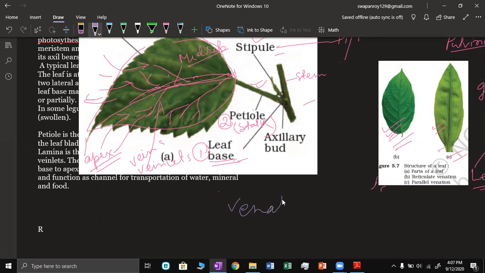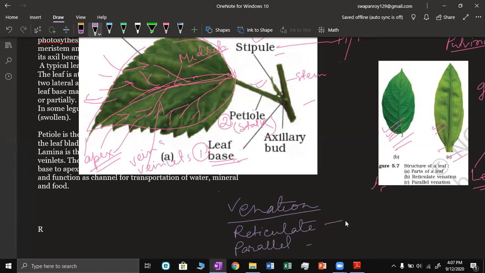Remember that reticulate and parallel are the two types of venation?